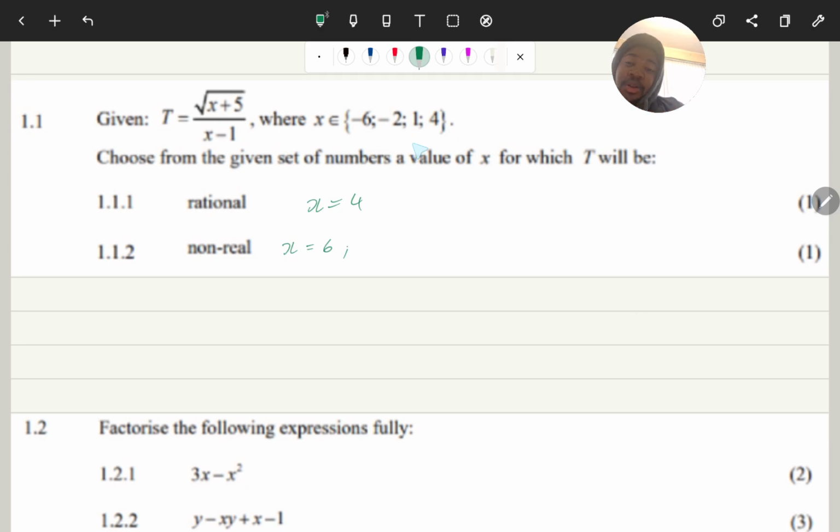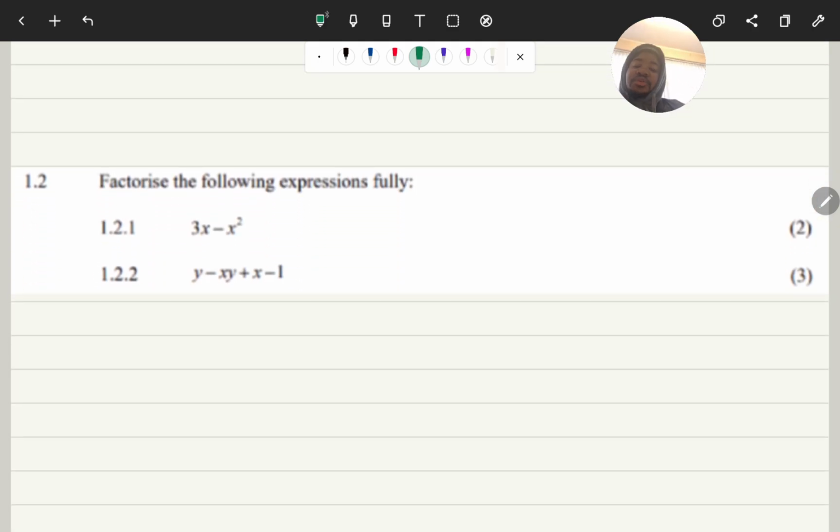And then another one was with 1, where in the denominator you had x minus 1. If you substitute 1, then it's 1 minus 1, which is 0. And we can't have anything divided by 0, it doesn't work. So you also have x equals 1. We're done. Let's move on to the next question.